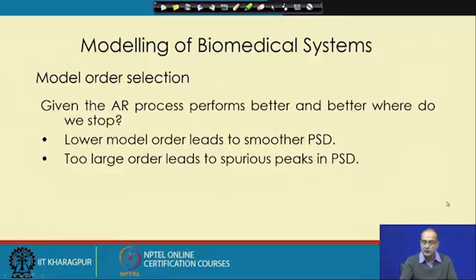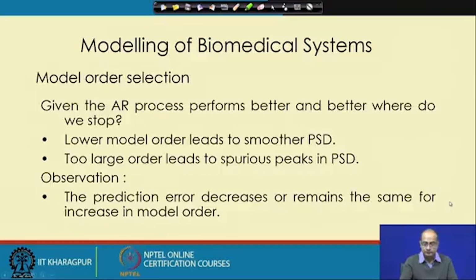So, what is increasing the model order doing? It is trying to overfit the signal. Though it is reducing the error and matching the given signal more and more, it is not giving us more new information about the underlying process; rather, it is suffering from overfitting. So, we need to find a way.